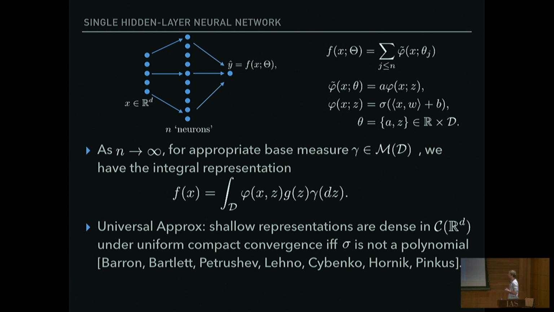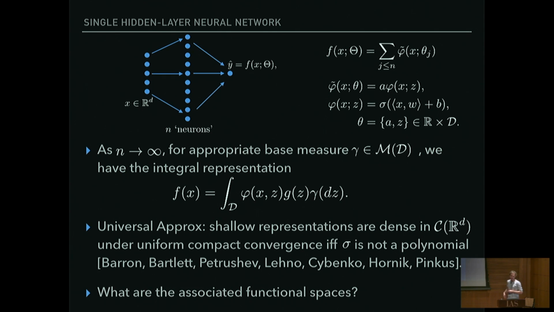The intuition is that as soon as I have a function that has a little bit of regularity, the Fourier transform has nice properties, right? It decays, so I can approximate it with a finite number of frequencies. So what these results say is that one can replace the Fourier atoms by more general neurons, as long as they are not a polynomial.